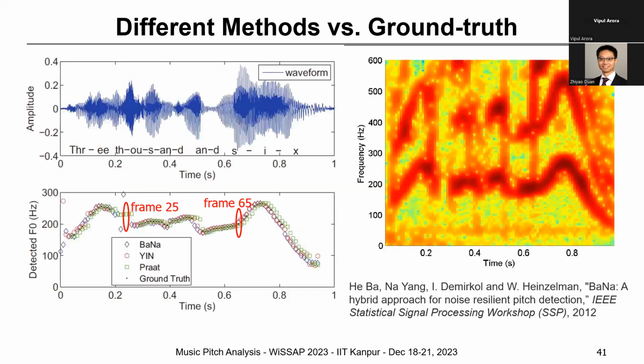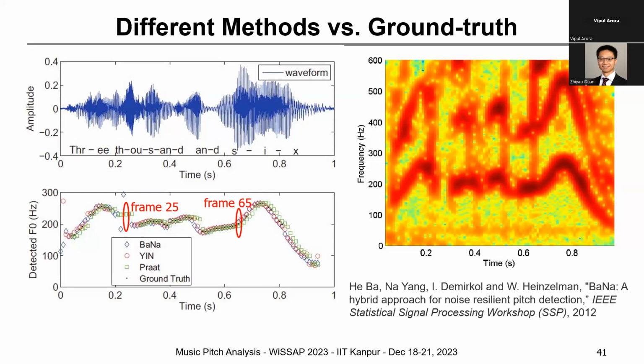So this figure shows, again, the waveform and the transcription results using different pitch detection methods. And you can see at frame 25, there's no agreement among these three methods. For frame 65, there's somewhat better agreement. And when you look at the spectrogram of the signal, you can see this 25 corresponds to some kind of non-pitched region, even a silence region.